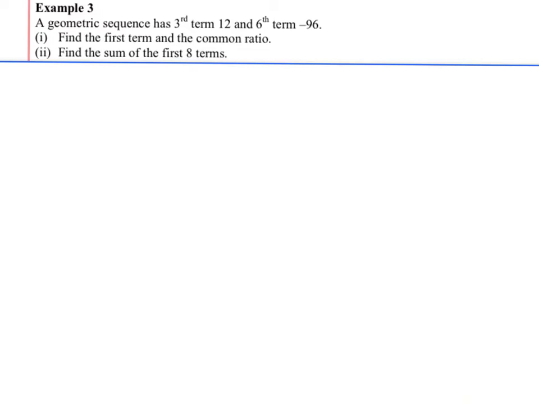Okay, let's look at example 3. We have a geometric sequence where the third term is 12 and where the sixth term is -96. Right, so it's not the sum of the terms, it's just the general term. So the formula we've got to use is for the general term, a_n = a r^(n-1).